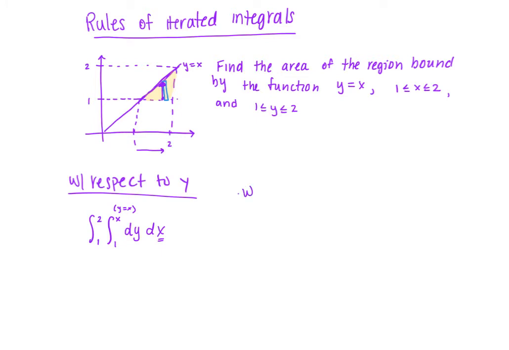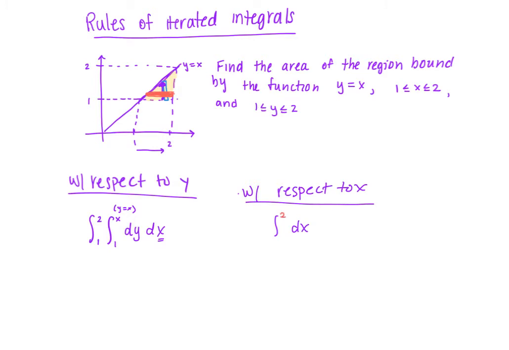So with respect to x, then, my inside integral is going to be dx, and my boundaries now are going to make a horizontal line. So here's my rectangle that I'm thinking of. And so I go from my function to 2.